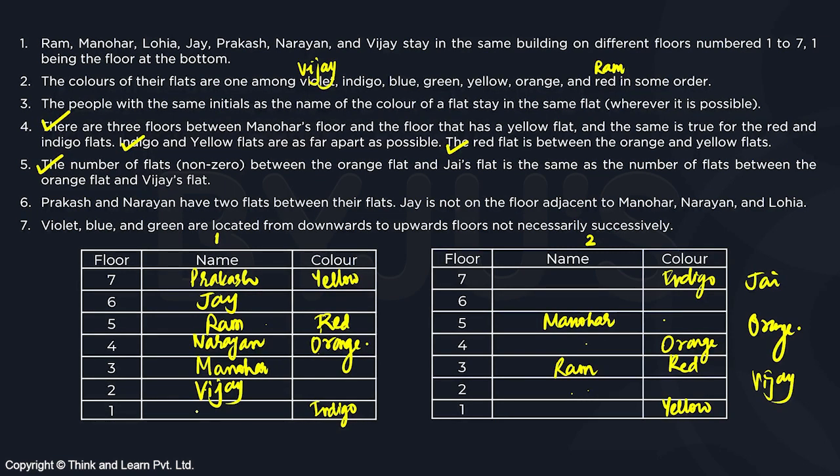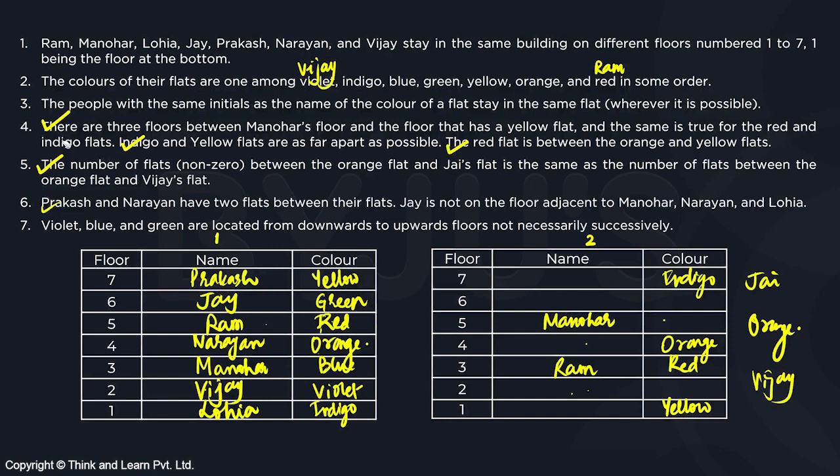The moment this is done, we know that Lohia will go at floor number 1. Now using this seventh statement, violet, blue and green are in the same order from bottom to up. So this is the place left for violet. The next one is for blue and the last one is for green. So this is how we can fill case 1.